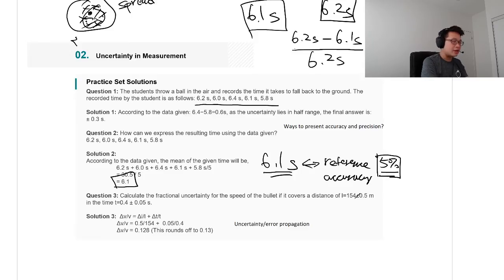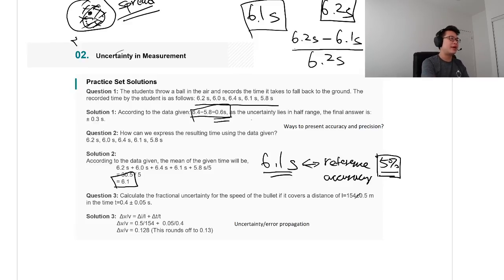So when we are looking at the spread, we can use different mathematical methods to describe it. The first one, just like over here, we can look at the highest value and the lowest value and look at the difference between the highest and lowest, so we know how far the spread will be.